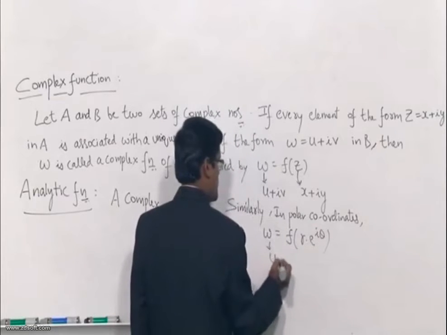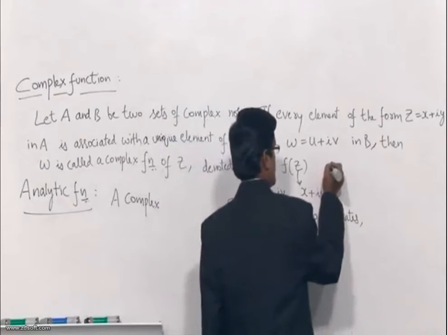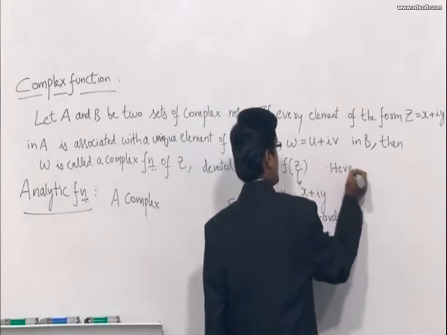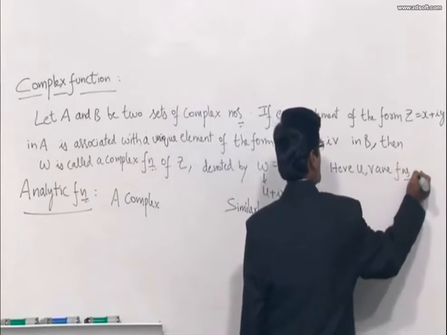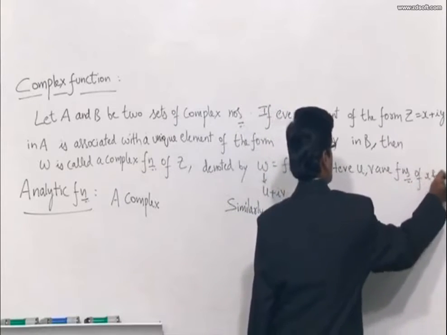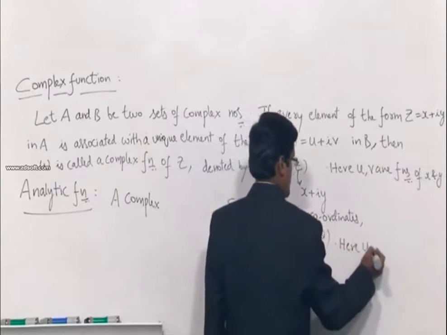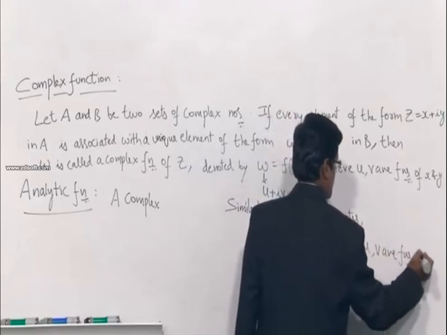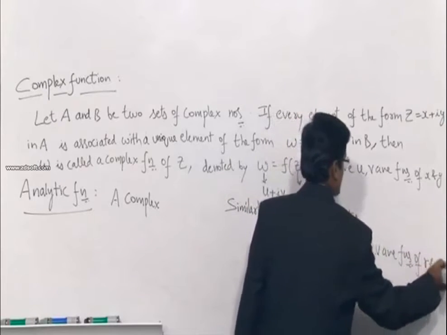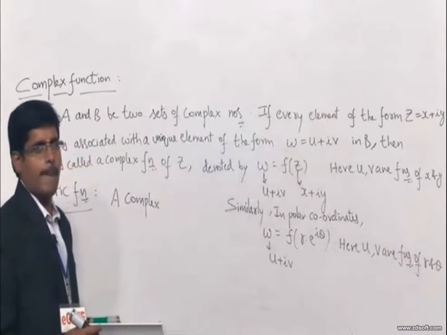W is nothing but U plus IV. Here you can add this one. U comma V are functions of X and Y. Here U comma V are functions of r and theta, expressing in Cartesian coordinates xy and polar coordinates like this.